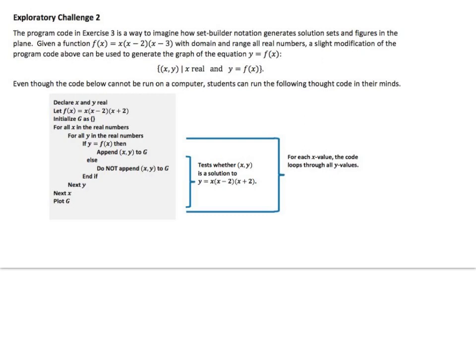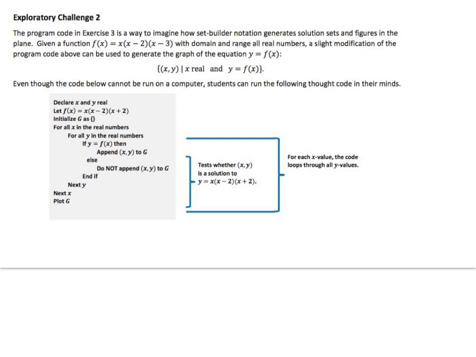Okay, so we're going for real numbers now, not integers. Even though the thought code below cannot be run on a computer, students can run the following thought code in their minds. The computer can't actually deal with real numbers. It can't plot every single number on the face of the planet. It can do integers just great, but not real numbers.